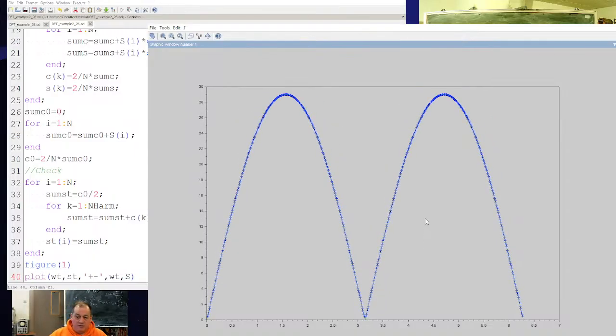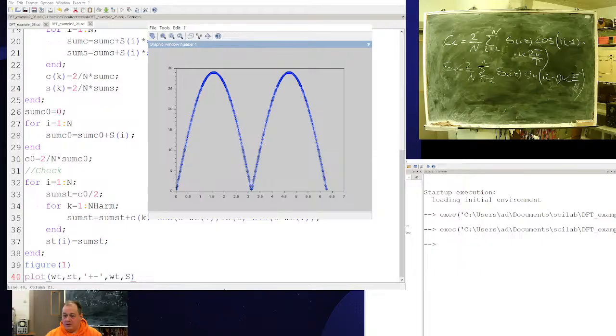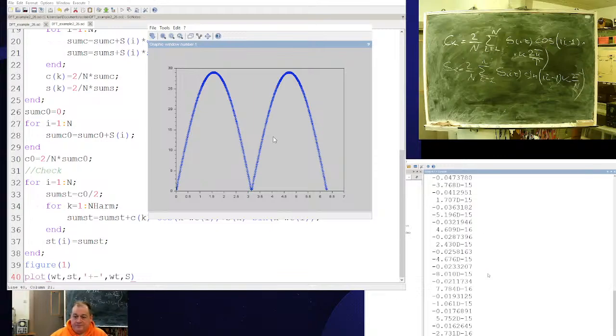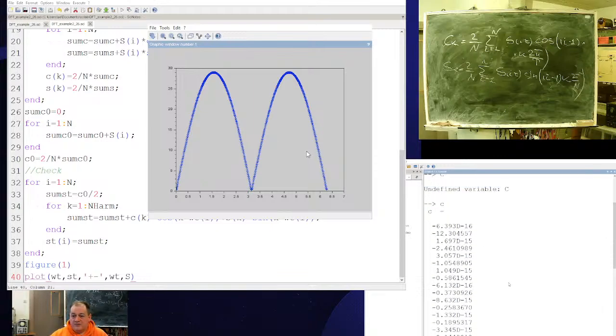Now I have what? Cosine values. 50 Hertz, 100, 150, 200, and so on.